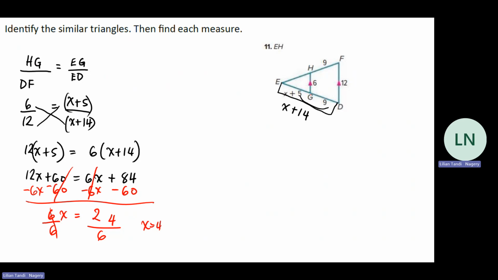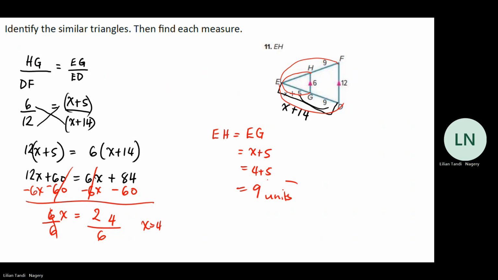Now, because this and this are parallel, therefore this should be equal to that, because this is equal to this. Okay? So we will write here EH is the same as EG, which is the same as x plus 5, which is the same as 4 plus 5, same as 9 units.